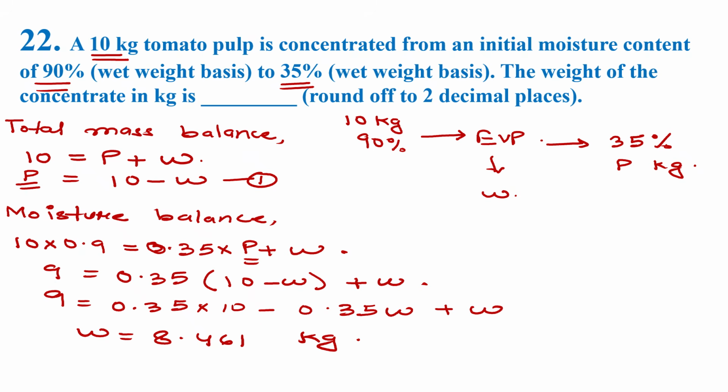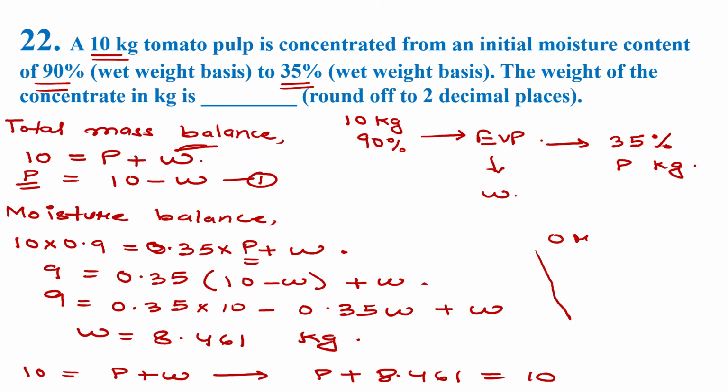So from total mass balance, that is 10 is equal to P plus W. So P we don't know, plus 8.461 is equal to 10, or we can say P is equal to 1.538 kg. So this is my answer.